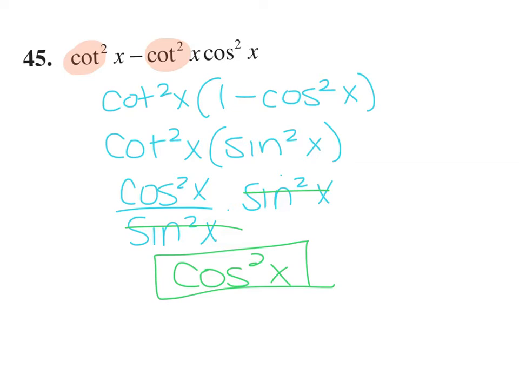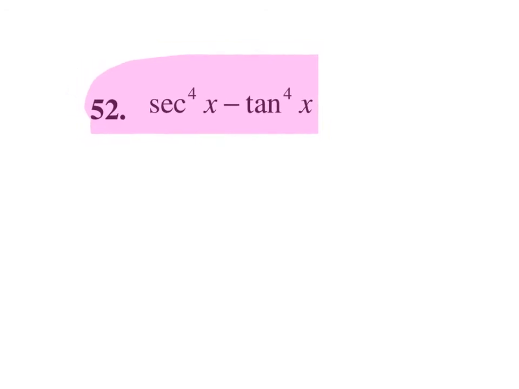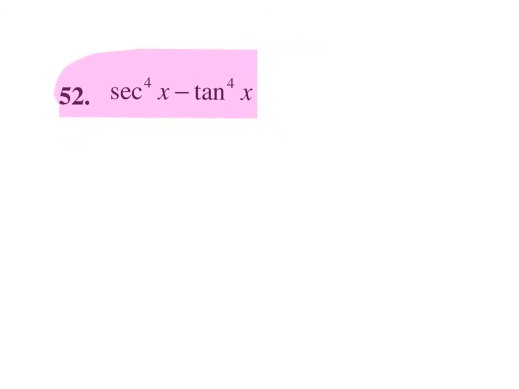All right, and then 52 is also a factoring question, but if it wasn't, I would look at those as the difference of two squares, right? They're both perfect squares and there's a minus between them. So when you factor it out, the square root of secant to the fourth would just be secant squared, and the square root of tangent to the fourth would be tangent squared.